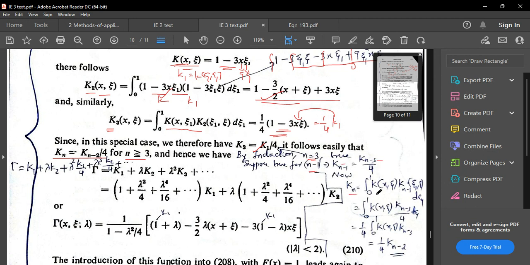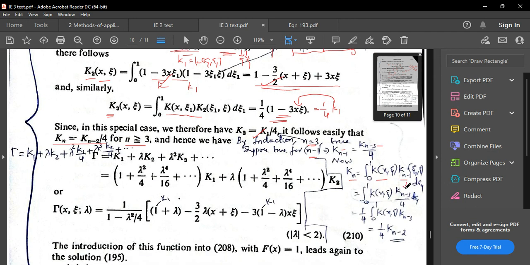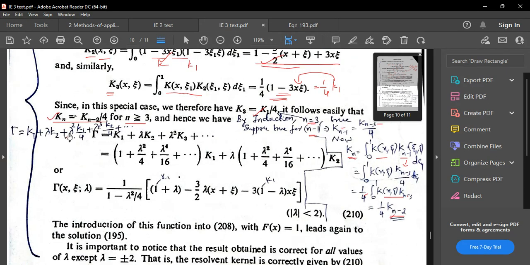What will be k n? It is integral 0 to 1 of k into k n minus 1. Replacing k n minus 1 by k n minus 3 by 4, we take 1 by 4 outside, integral k into k n minus 3. What is k into k n minus 3? It is k n minus 2. So k n is equal to 1 by 4 into k n minus 2. So this relation is reduced.